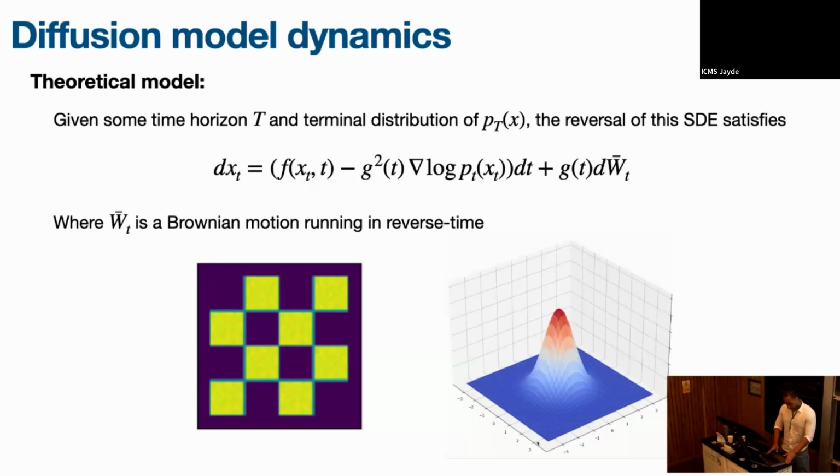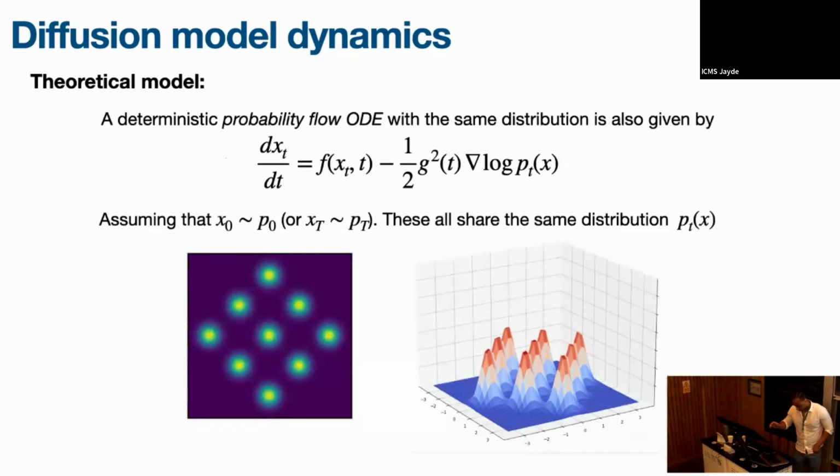Okay. And then associated with this is another generative process you can run, the probability flow ODE. Because it's deterministic, you can run it forward and backward. The equation is the same, you just reverse time.